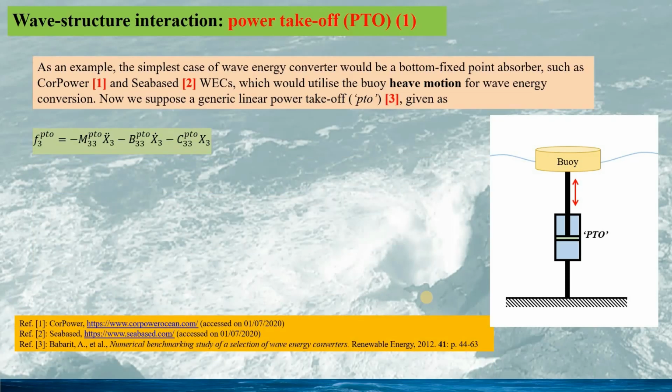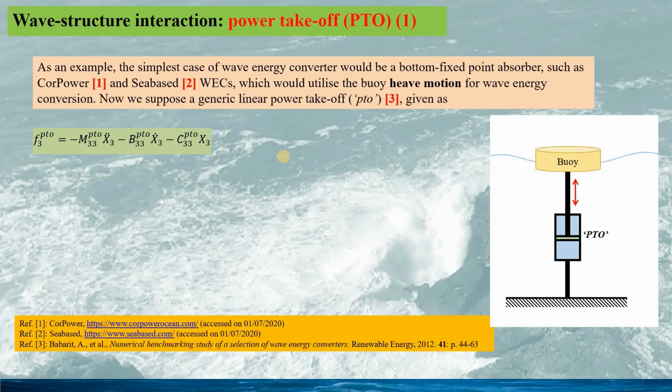For a wave energy converter, the next step would be to connect a power takeoff system to the dynamic system of the floating structure for extracting wave energy. Here, we take the simplest example, the bottom fixed point absorber, which utilizes the heave motion of the float for wave energy conversion.